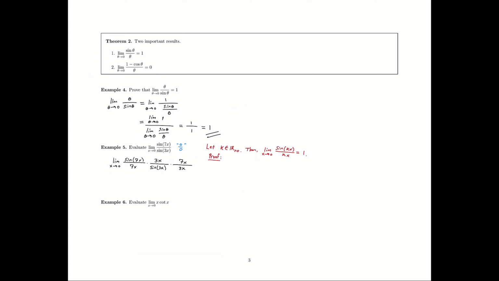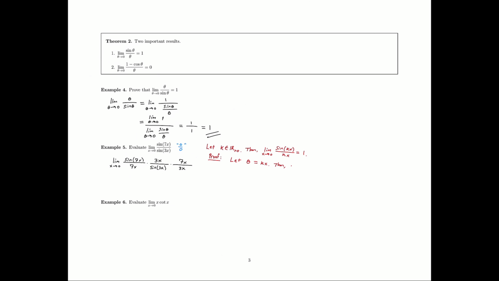What we're going to do here is let theta equal kx. So this is a change of variable. Then, as x goes to 0, let's rewrite this a little bit differently.